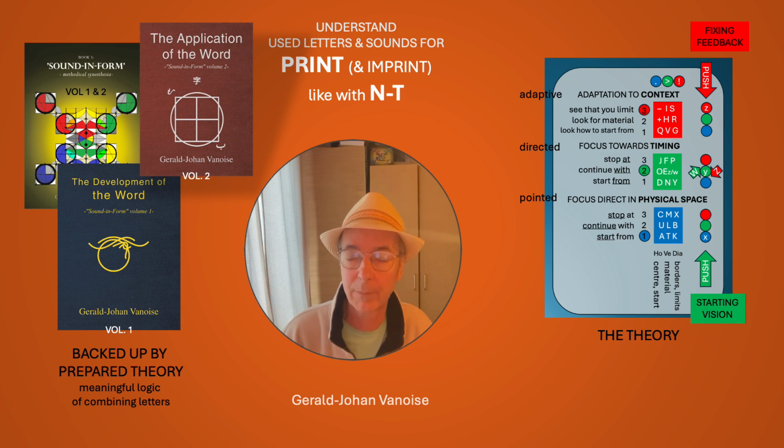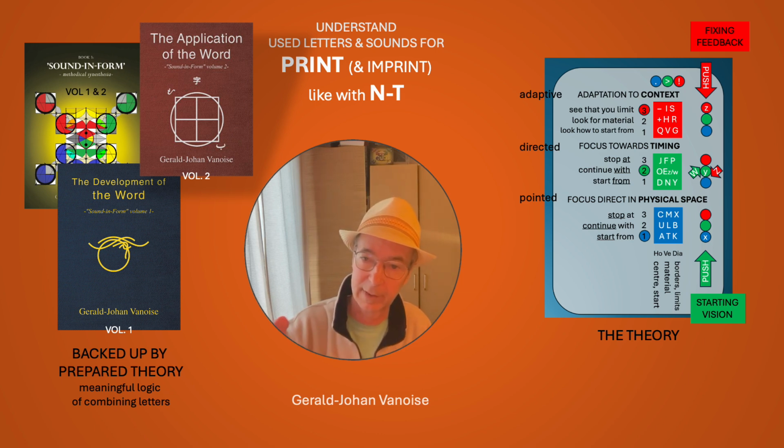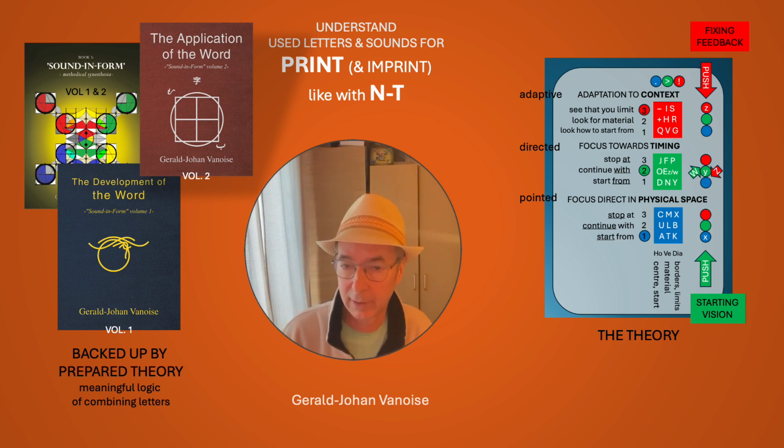So let's go and have a little bit more attention to another word with P and R in the beginning, but that has the combination of N and T. And N and T is interesting because in my system there are three levels of orientation: an orientation in space, in time, or in time space or context that gives you a different viewpoint on your orientations.